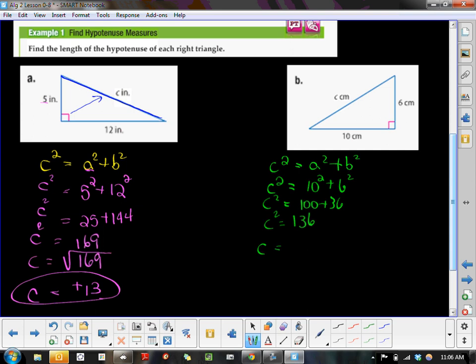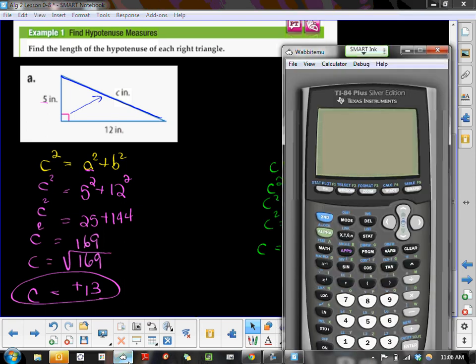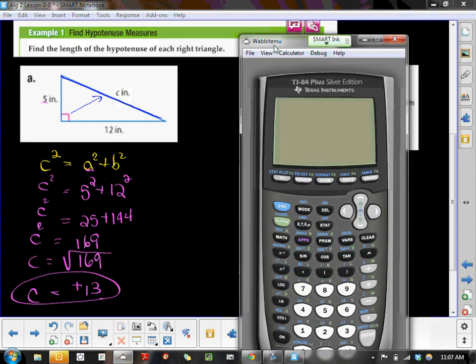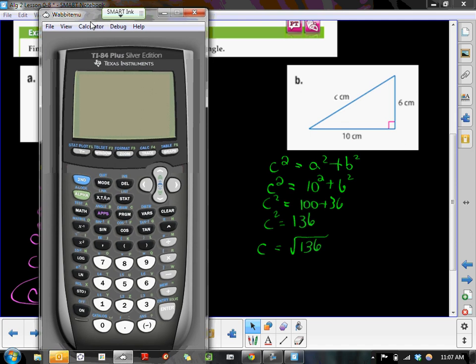So c is equal to the square root of 136. The square root of 136 is the actual measurement. If you want to find an approximate value of that, you can type it in using your calculator. It's got to be bigger than 11, less than 12.